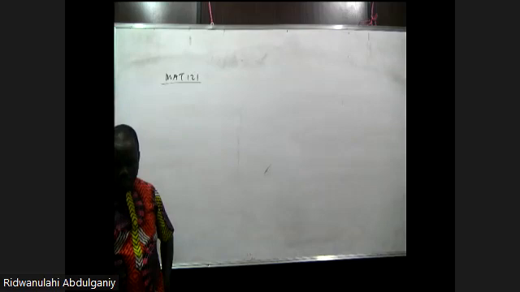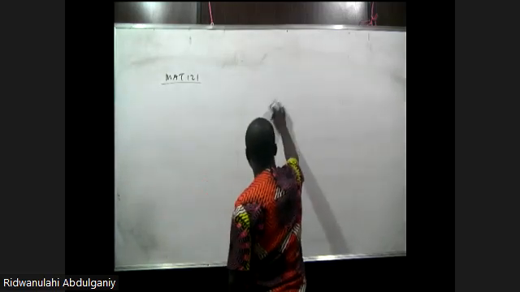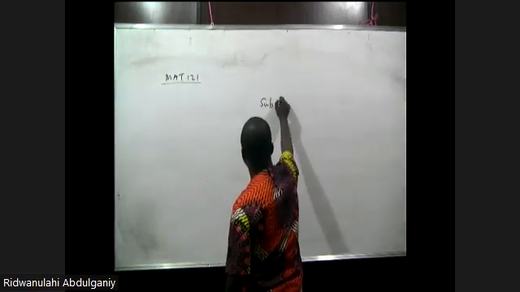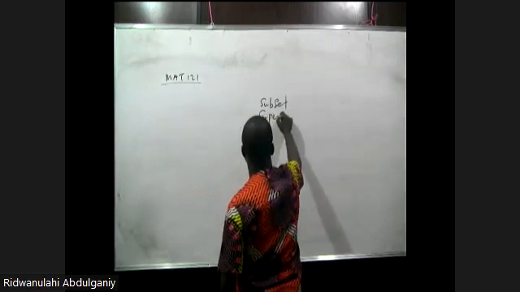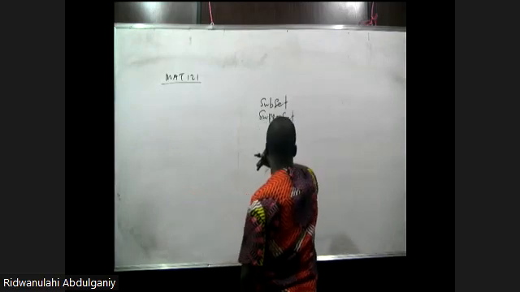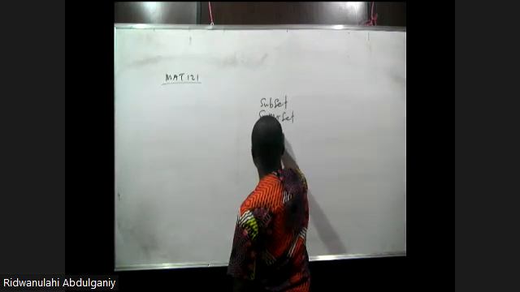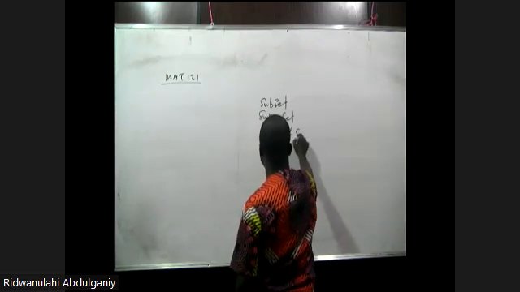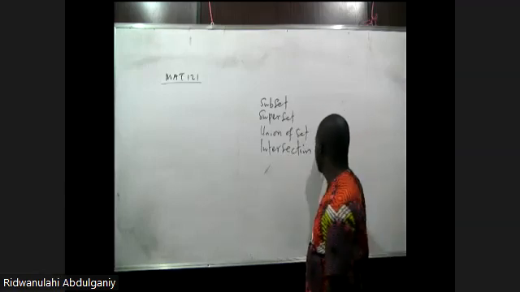In the last class, we discussed operation of sets. Part of what we discussed, we looked at subsets, supersets, union of sets, intersection of sets.